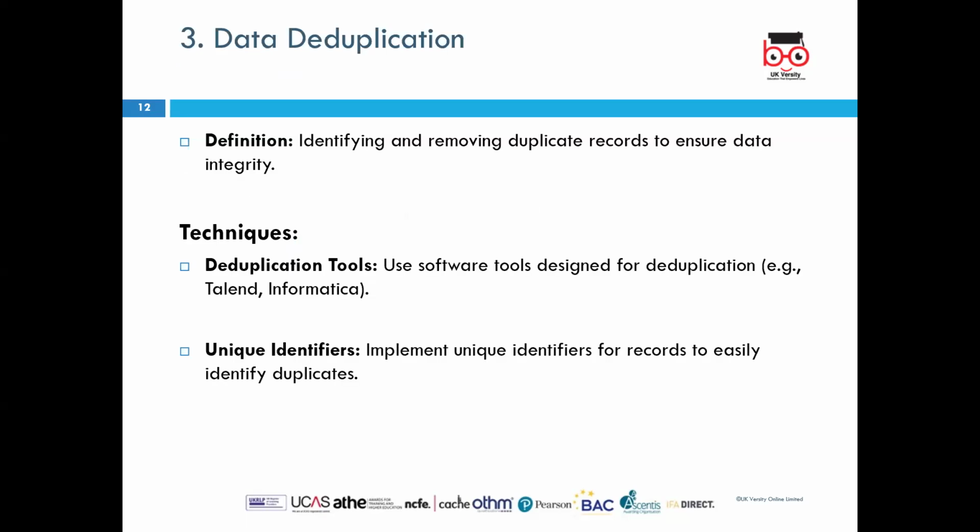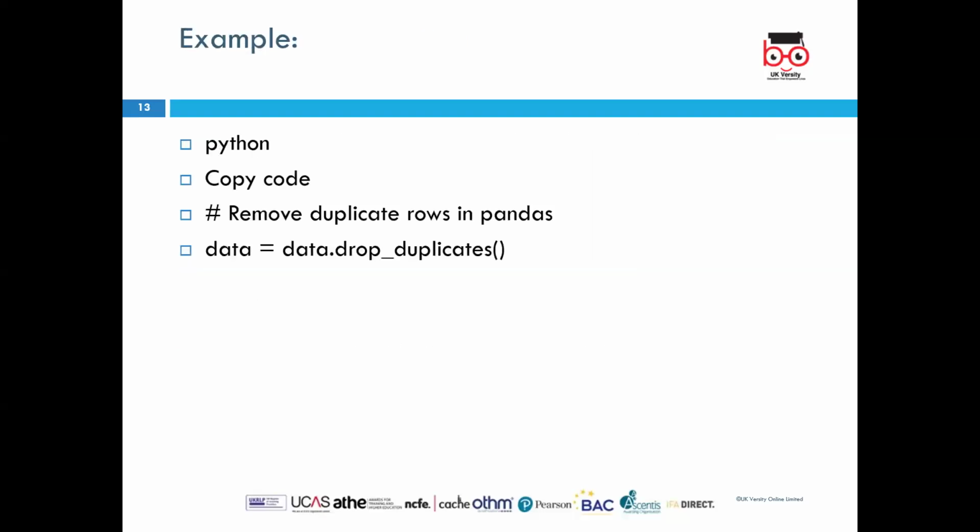Data duplication: we identify and remove duplicate records to ensure data integrity. Techniques involved for this process are deduplication tools and unique identifiers. Here's an example of code.